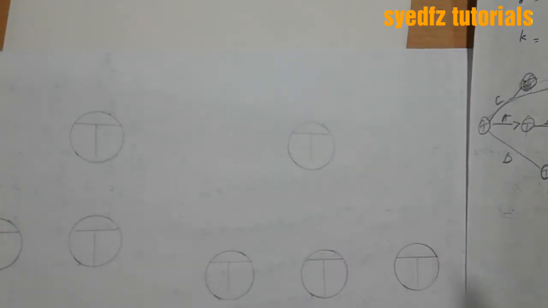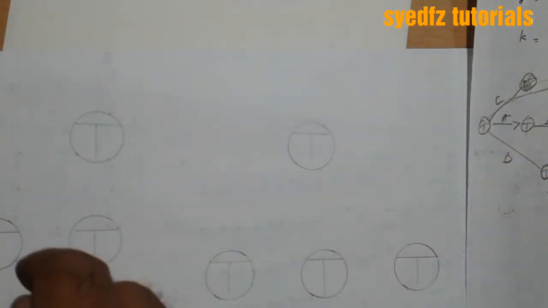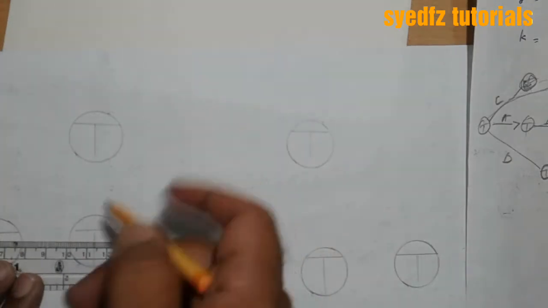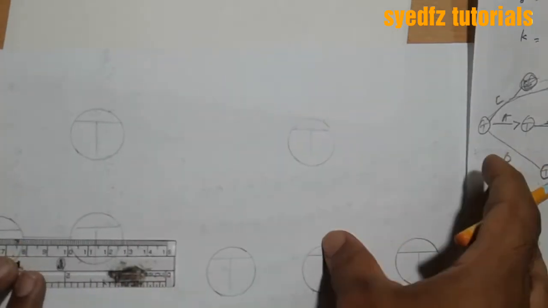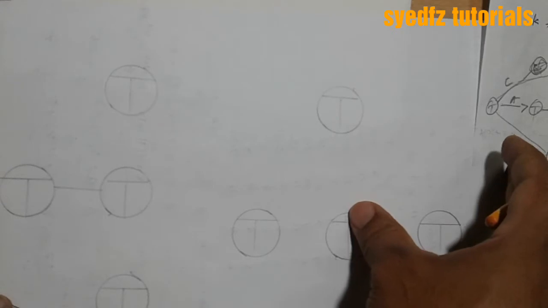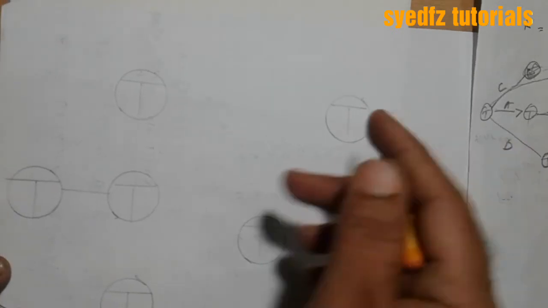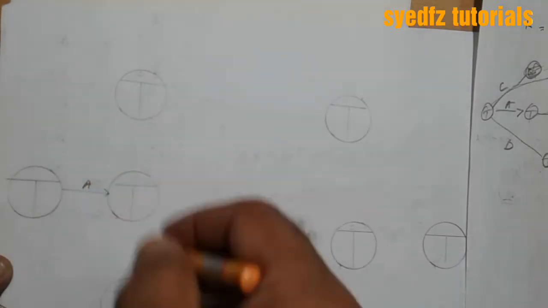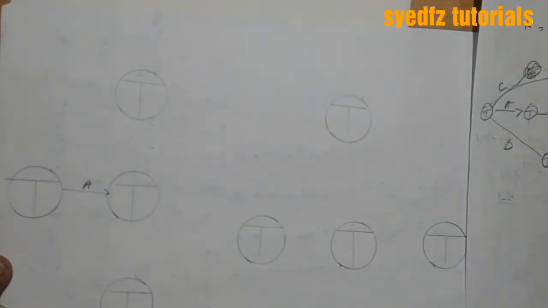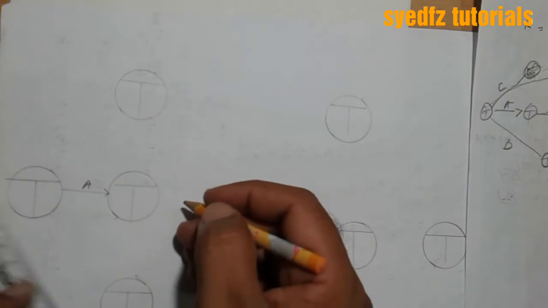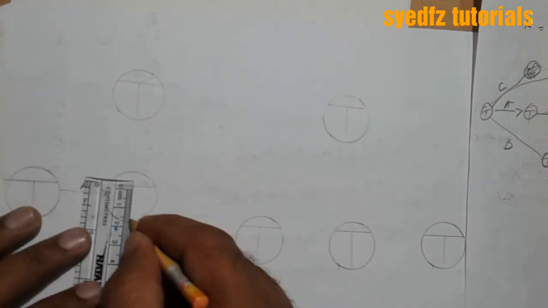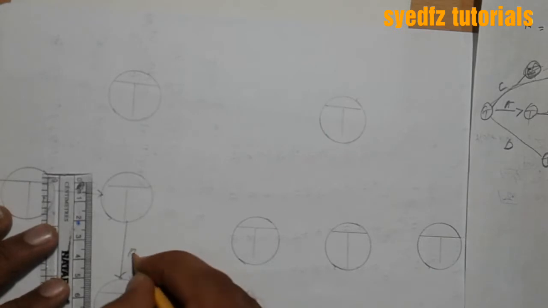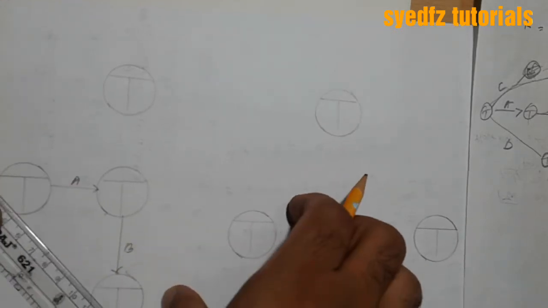Now to start the activity. Activity A happens. A happens means this is the activity A. Activity B happens from A, means this is the activity B happening from A. I'm taking from the working notes.